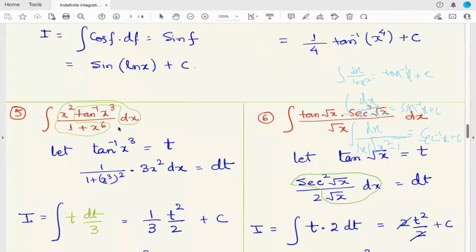So our complex integrand is converted into a simple integrand, t dt by 3, by the technique of substitution. I hope you understand that.